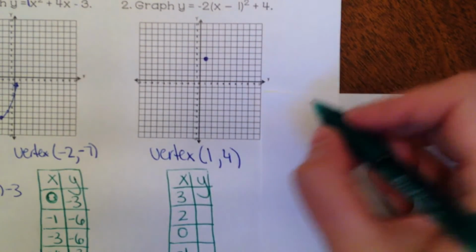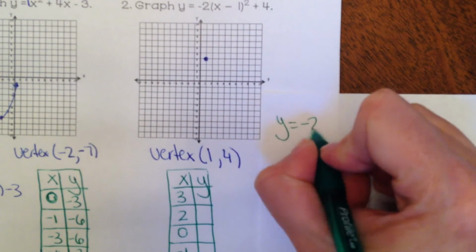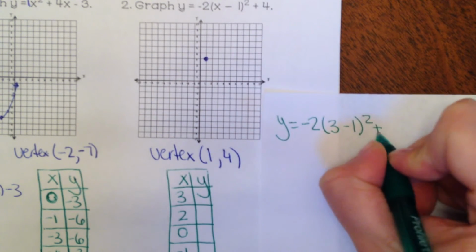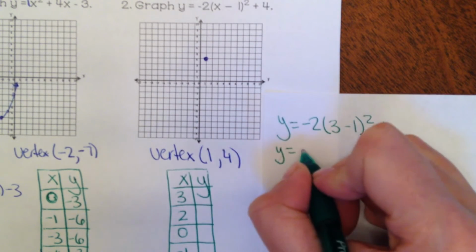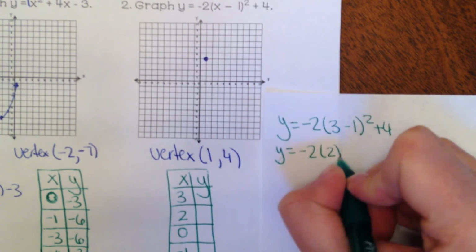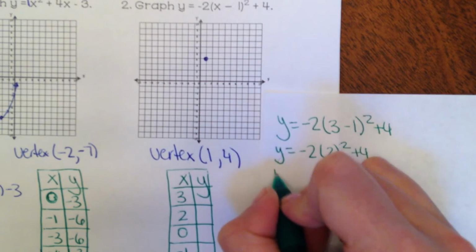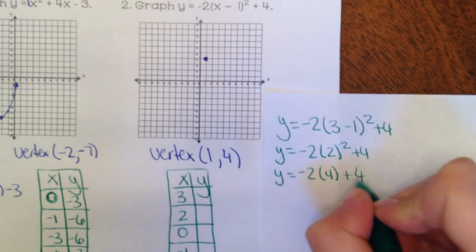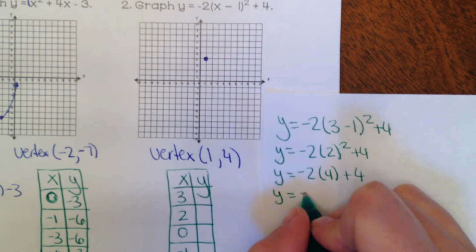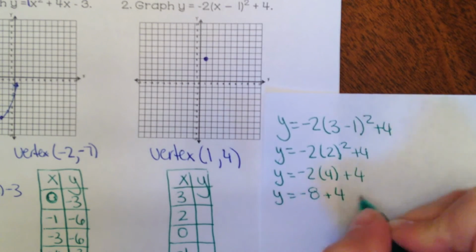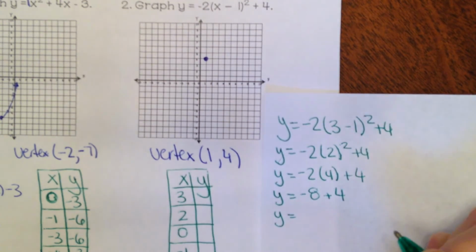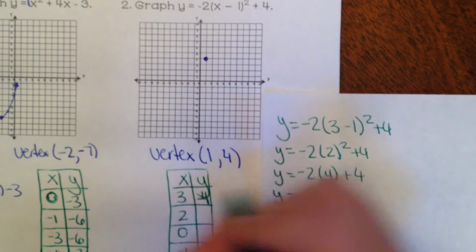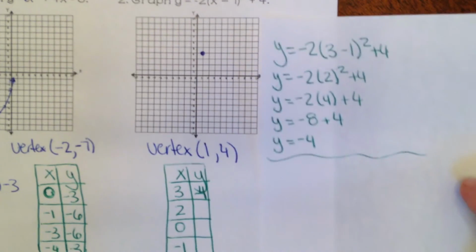Okay, so we have y equals -2 times 3 minus 1 squared plus 4. Going to simplify. We have 2 inside the parentheses. 2 squared gives us 4. -2 times 4 is -8. And I'm just bringing the rest of the problem down. And y is equal to -4. Okay, next one.